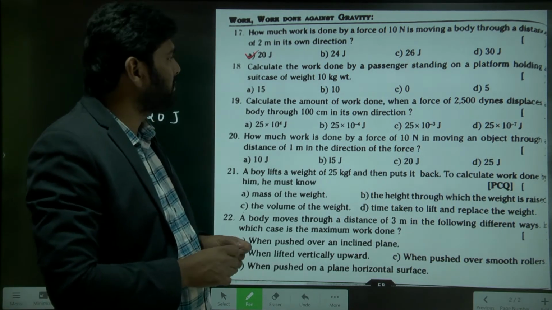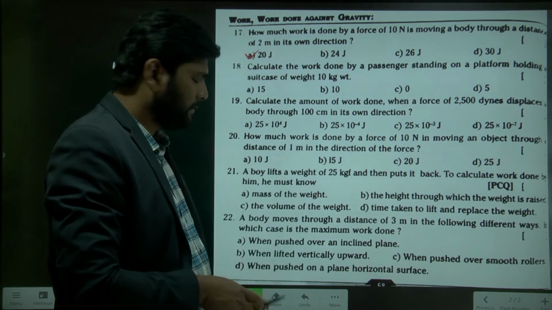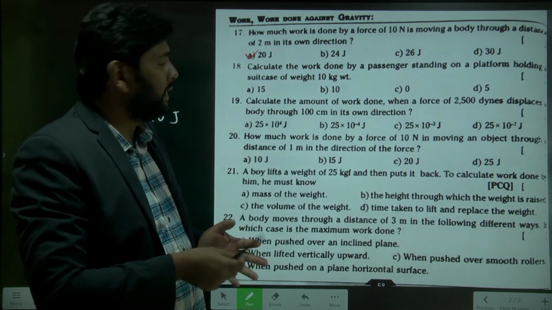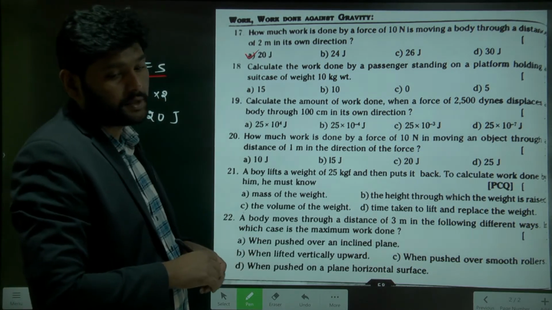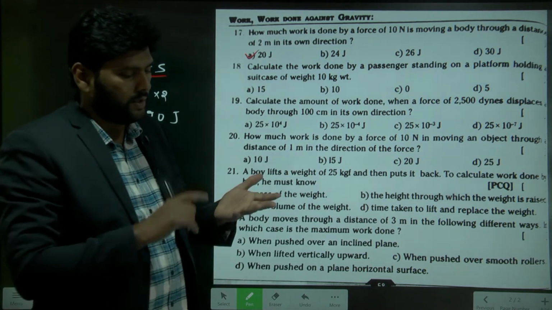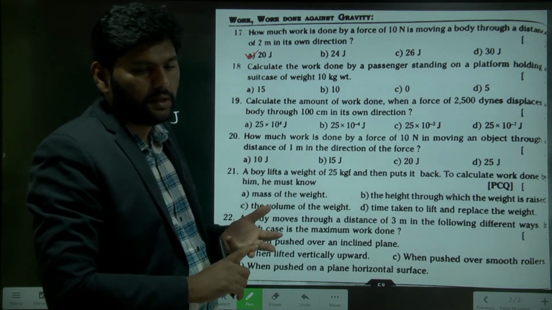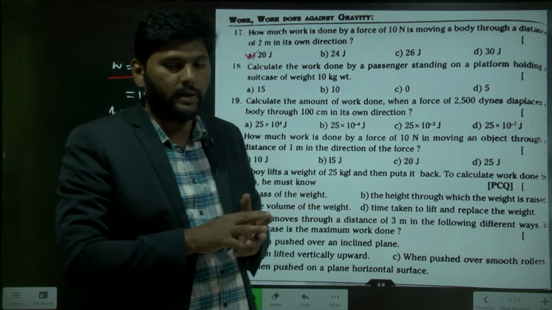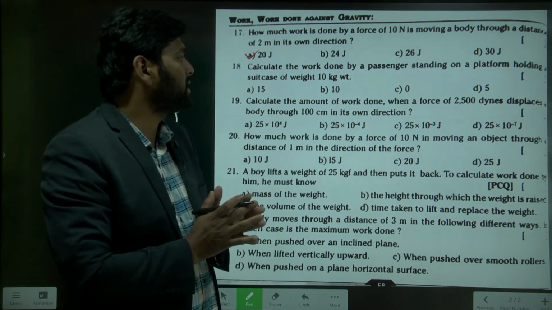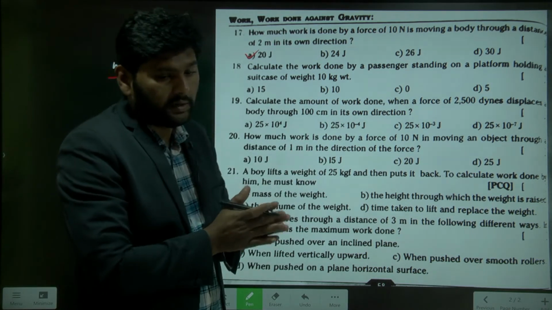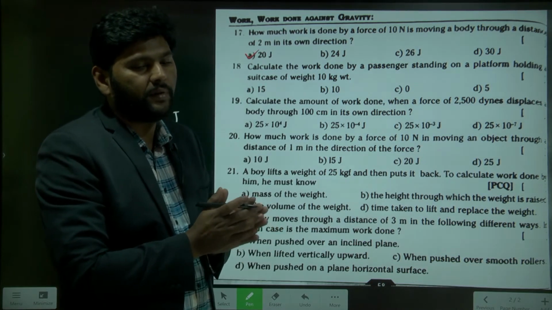Why option B? What is the formula for work done? Force into displacement. So we require a force, and the body should get the displacement. Then only we can say work is said to be done. In this case, when he is holding the 10 kg weight object, did any displacement happen for the object?